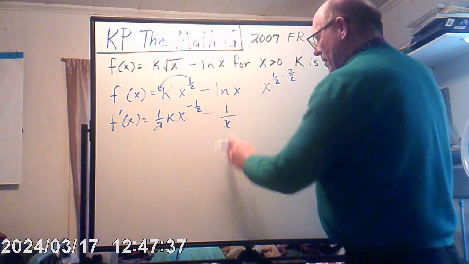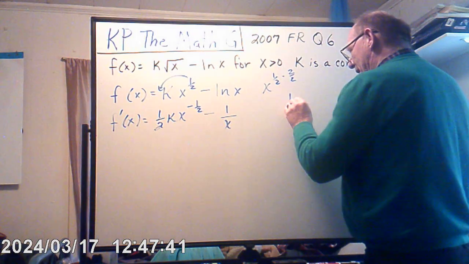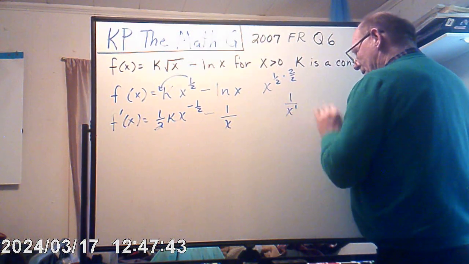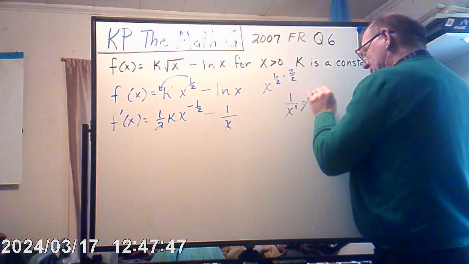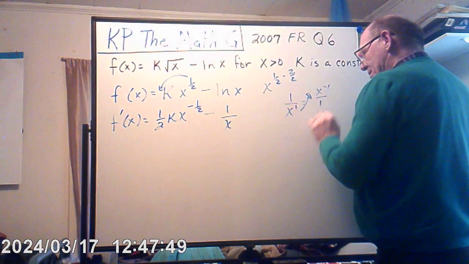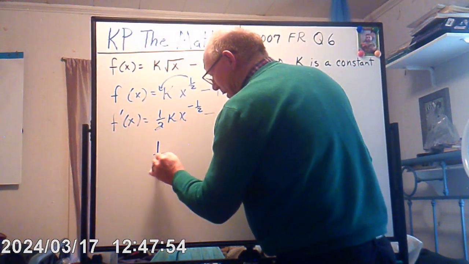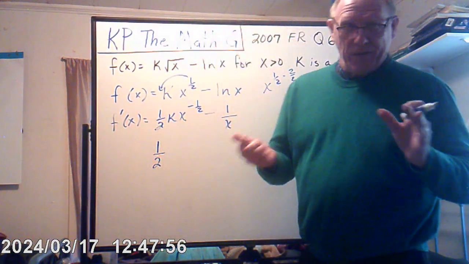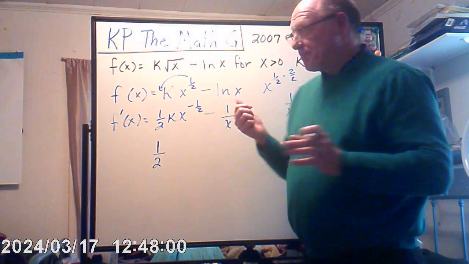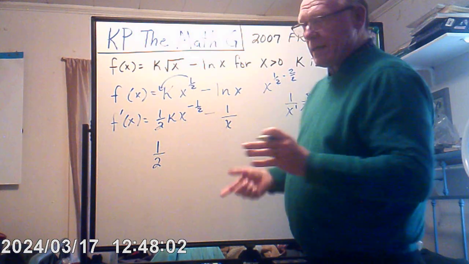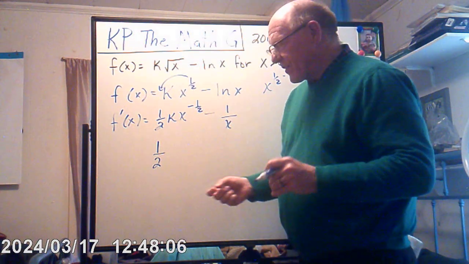Before we go into the second derivative, I'm going to rewrite 1 over x. 1 over x to the 1 is actually x to the negative 1. So I'm going to rewrite that for the time being. And you can leave this if you're doing the AP exam, AB part, or BC for that matter.